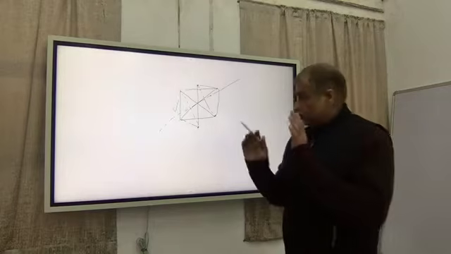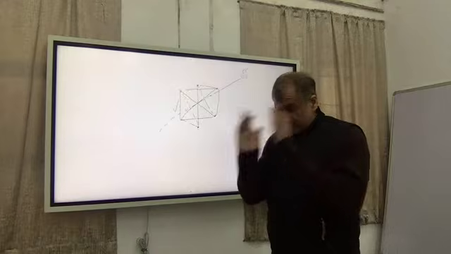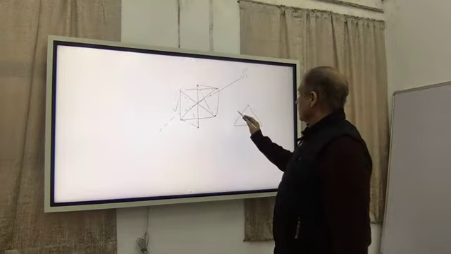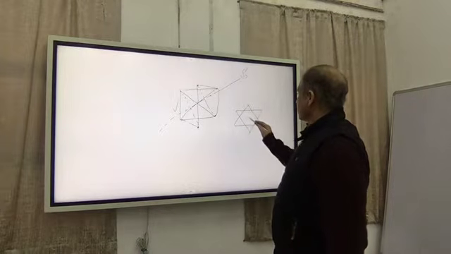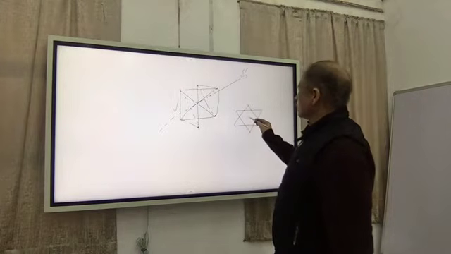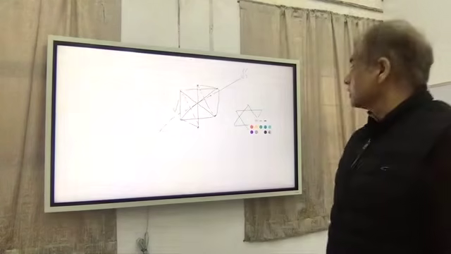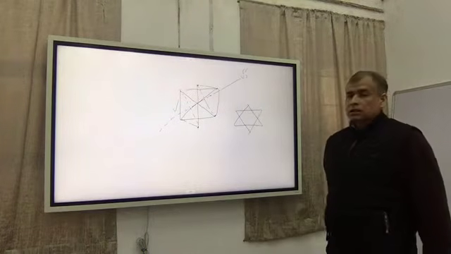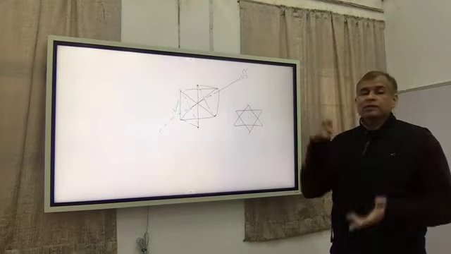So eventually, if you look from here, what you will see is a triangle like this, and you will see a triangle like this, not superimposed actually, stacked over each other, and the centroid of both the triangles will be coinciding.